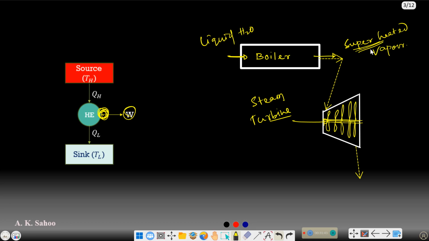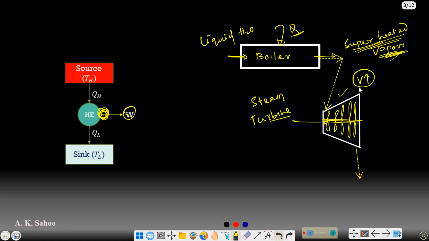The superheated vapor has the maximum amount of energy because we have added heat, so the energy content of this vapor has increased. Now we are supplying this superheated vapor, which contains maximum energy, through a device. Before sending it to the turbine, suppose I am increasing the velocity of this vapor.